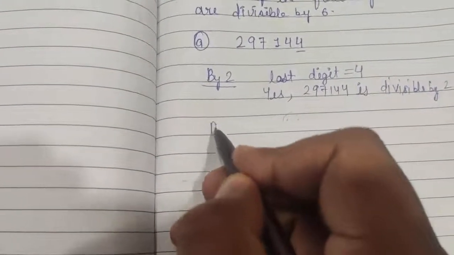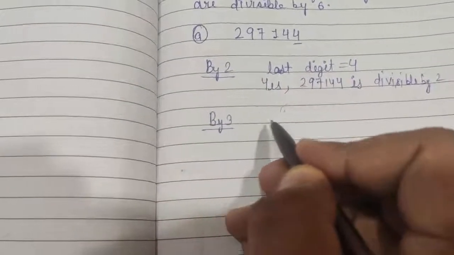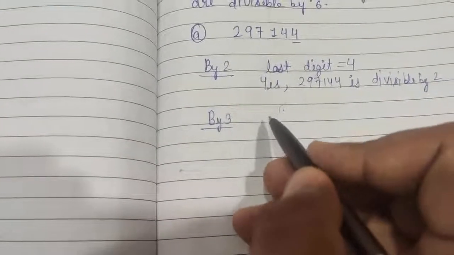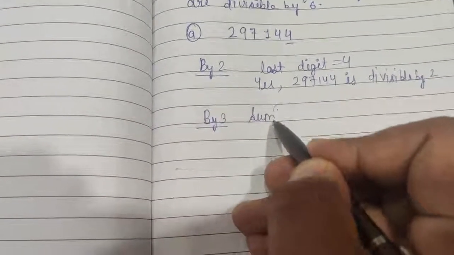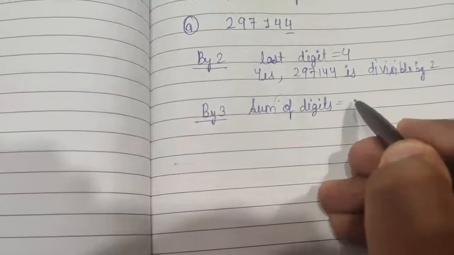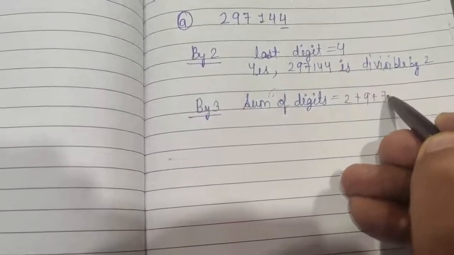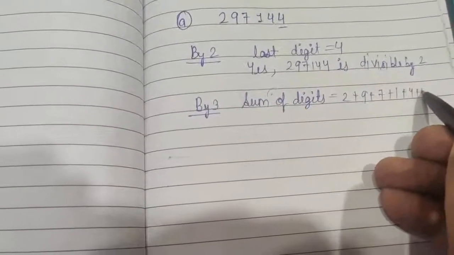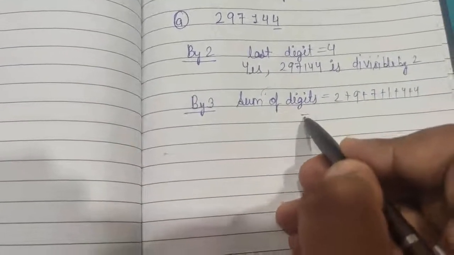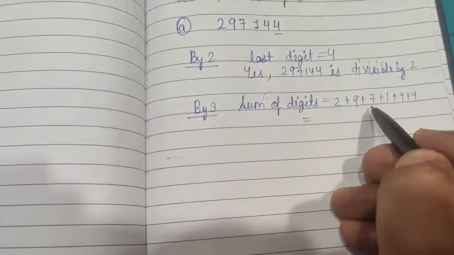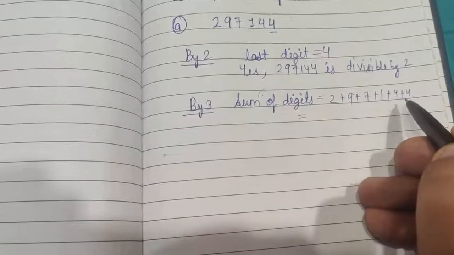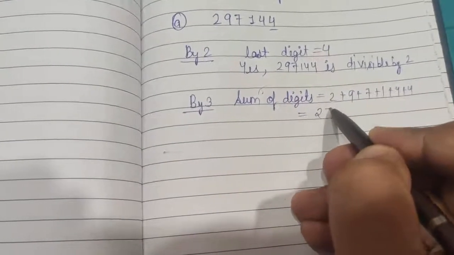Then by 3. If the sum of digits is divisible by 3, then the number is divisible by 3. Then we will find the sum of digits. Now here in this number the digits are 2, 9, 7, 1, 4, 4. You can see 6 digits are there, and we will add all the 6 digits. 2 plus 9 is 11, 11 and 7 is 18, plus 1 is 19, 19 and 4 is 23, and 4 is 27.